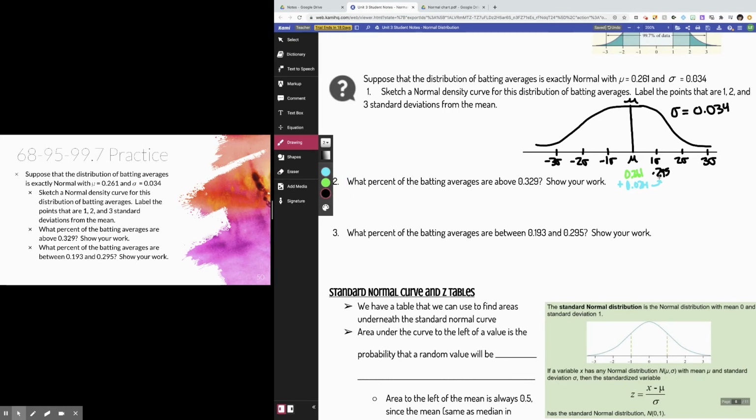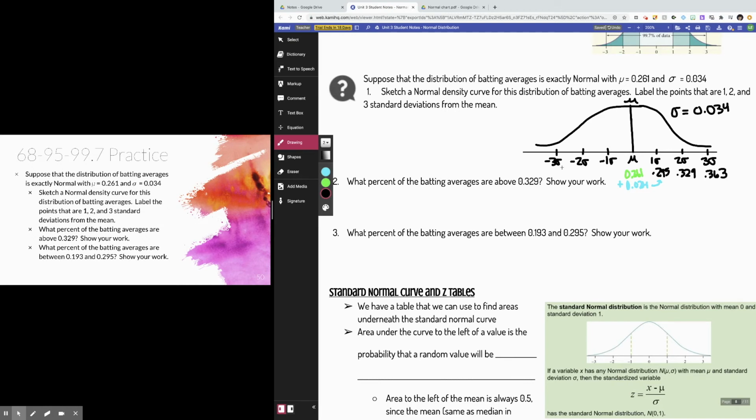So 0.295 plus 0.034 is 0.329. Then I add that standard deviation one more time to get to 3 standard deviations up: 0.329 plus 0.034 is 0.363.